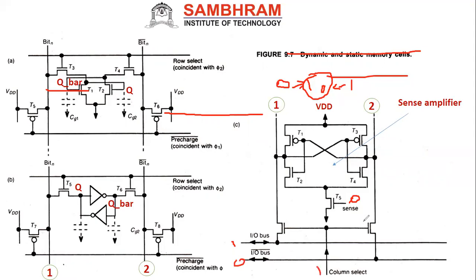My column select is equal to 1. Then this will be on, because of 1, and this also will be on. Now both are on, so this carries the value 1 and this carries the value 0. This is the input, right? So this one will be the input for this. Now this transistor will be on, and automatically this 0 will go over there. This will be on.